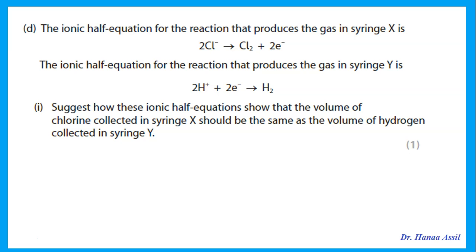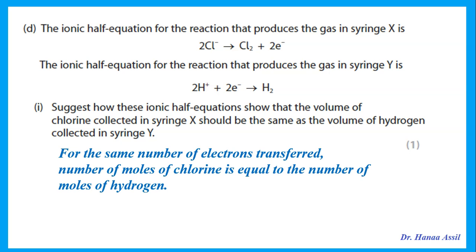The first equation gives 1 mole of Cl2, the second equation gives 1 mole of H2, so the number of moles should be the same, and that means the volume of gases should be the same. So for the same number of electrons transferred, the number of moles of chlorine is equal to the number of moles of hydrogen, and that is why their volume should be the same.